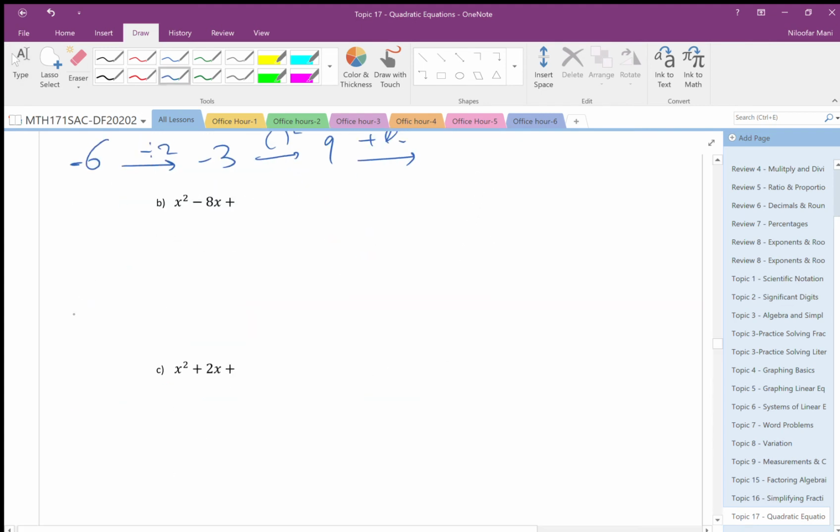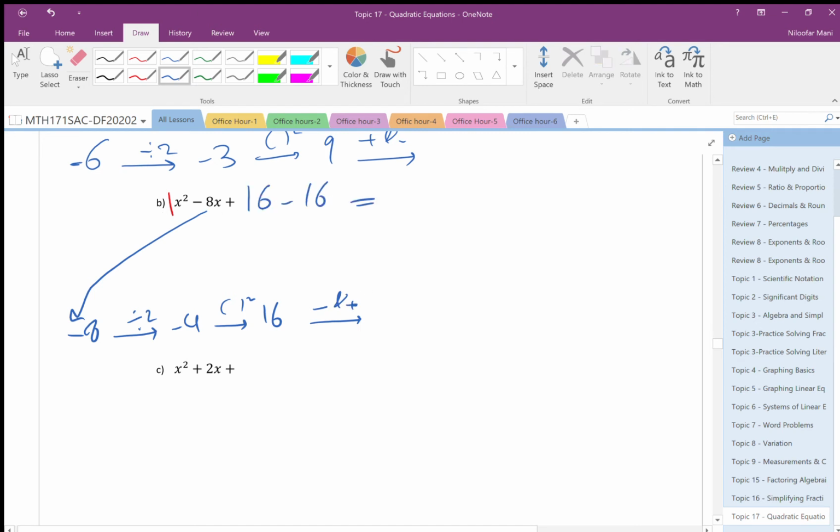Okay, how about the next? Look at the number beside x, because I have 1 here. So minus 8 divided by 2 is minus 4. Then squared is 16, and then I add and subtract. So I add 16 and minus 16.